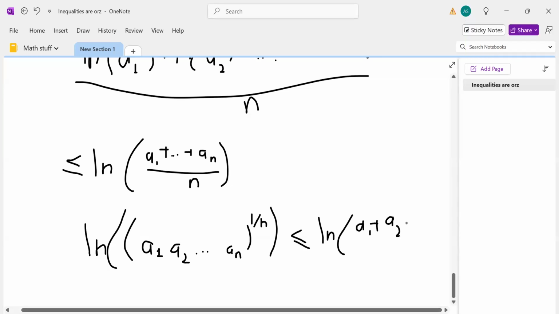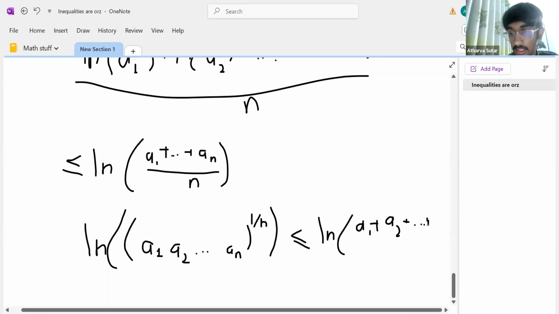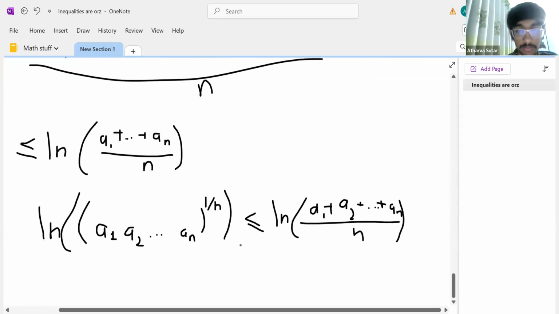Now you just cancel it. We can cancel the ln since we know that e is greater than 1, so that does not cause any negativities. And we basically are done with the proof of AMGM.